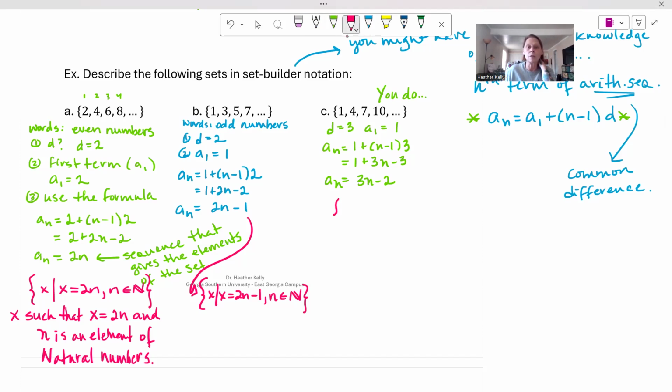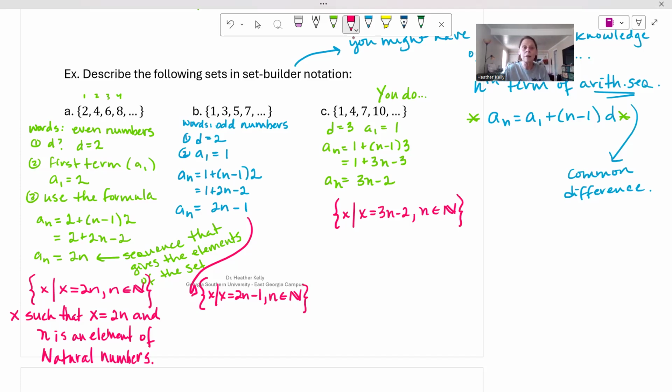And our set notation is going to be x such that x is equal to 3n minus 2, where n is an element, not of the integers, sorry about that, it slipped into one of my other classes, of the natural numbers. All right. Cool.